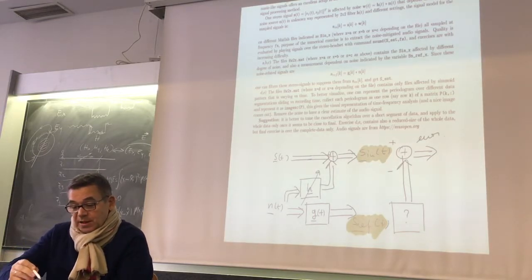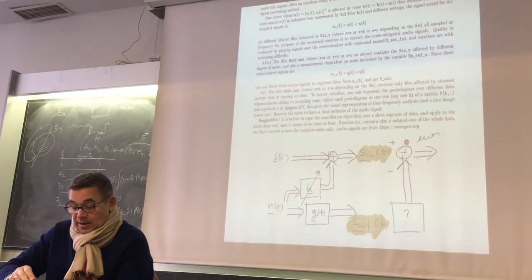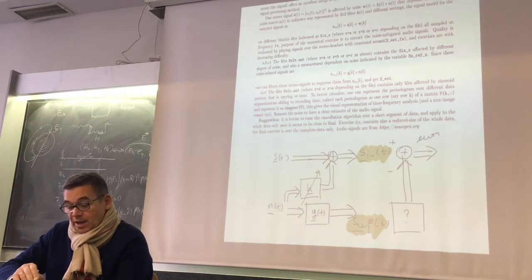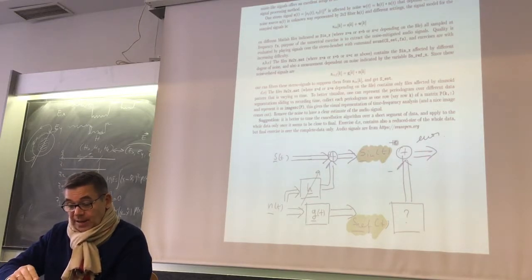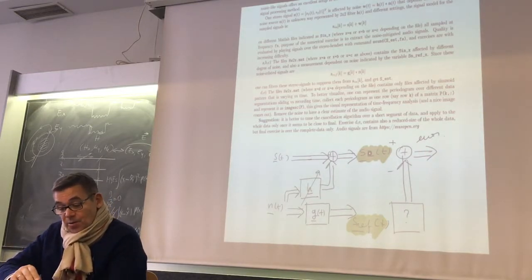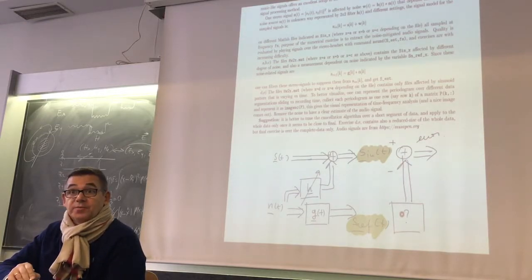But you know, since the error that I measure here, and since SR is depending on the noise, what is the residual error that you can listen to here? This error is SN minus the noise that has been filtered.